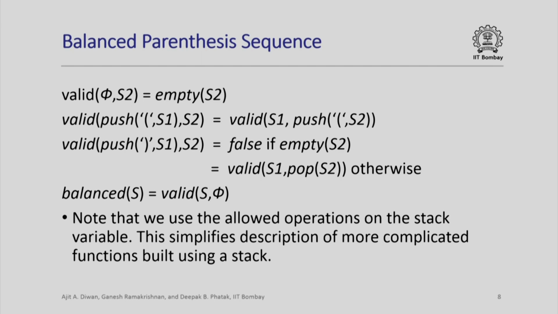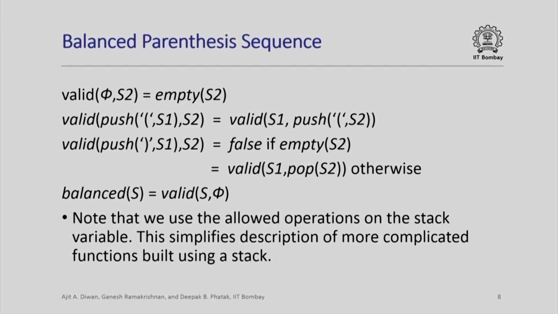So note that we are assuming that valid S1, S2 has been defined for all possible stacks S2. The first statement defines valid phi S2 for all possible values of the stack S2. And now assuming we have defined valid S1, S2 for all possible stacks S2, we are defining valid push left bracket S1 S2 for all stacks S2.